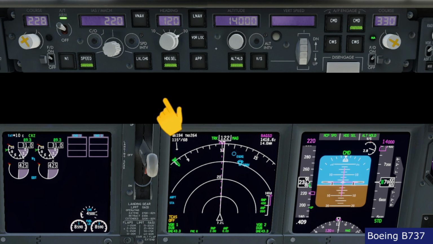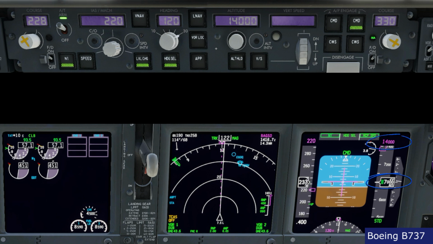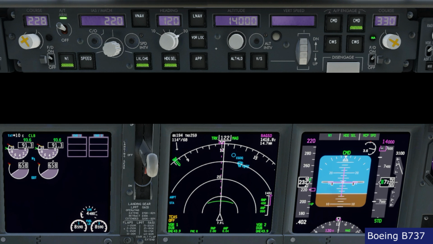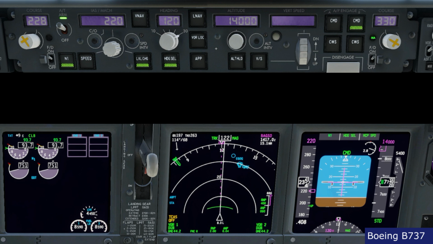So what I do, I click level change, the system compares current altitude 70 to the selected altitude 140. It is higher, so let's go at maximum thrust. You see that I get the N1 on the annunciator panel, on the fly mode annunciator, and I get MCP speed. So the aircraft is now climbing 220 knots with N1 with the maximum thrust for the climb.